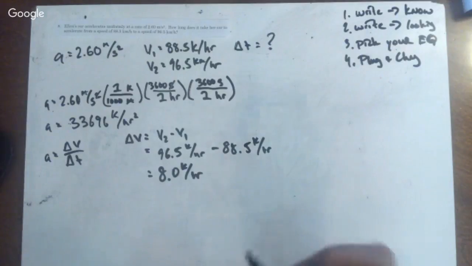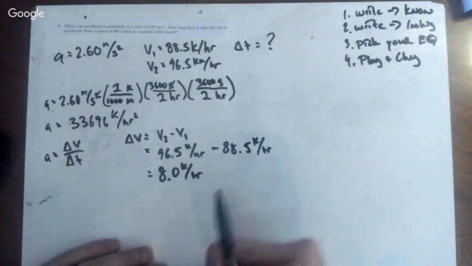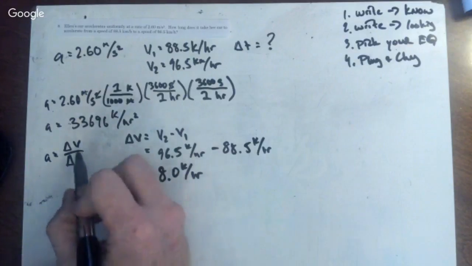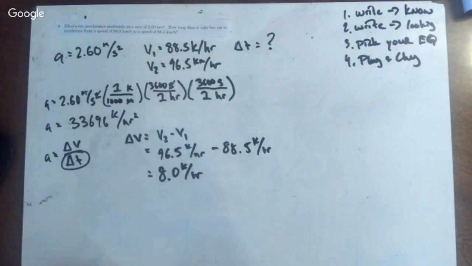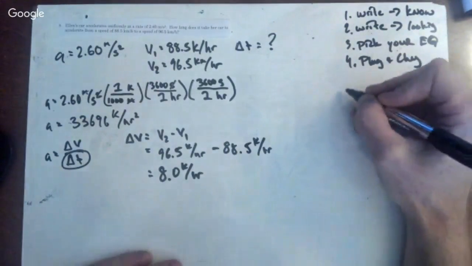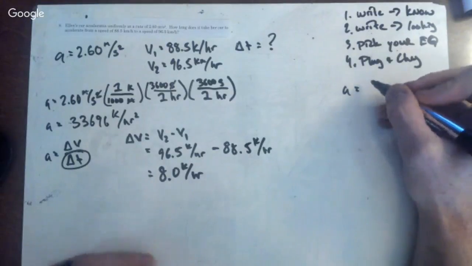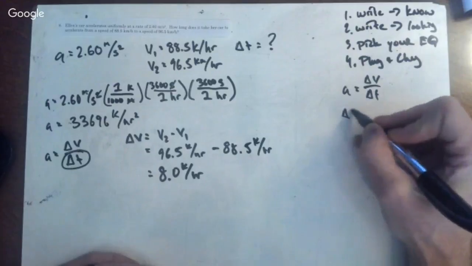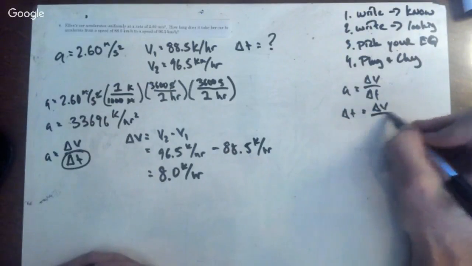Anyway, so we have 8.0 k per hour, and we can replace our delta v here. But we're actually solving for this delta t down here, right? So I need to move this delta t out. If you're in my class, we've gone over this a little bit, but there are 3 different ways to organize this exact equation. They're all exactly the same, but they are organized a little differently.